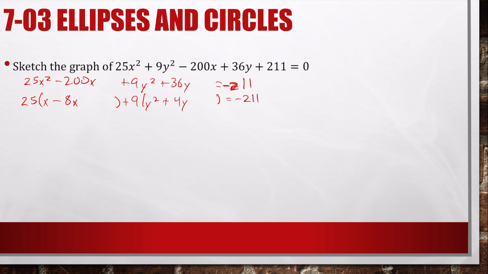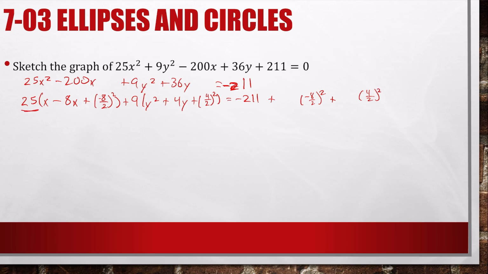And now we complete the square. You complete the square by adding half of the middle number squared. But you have to do that to both sides. But wait, that's not all.